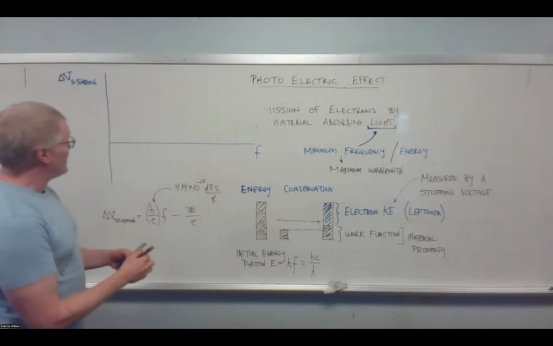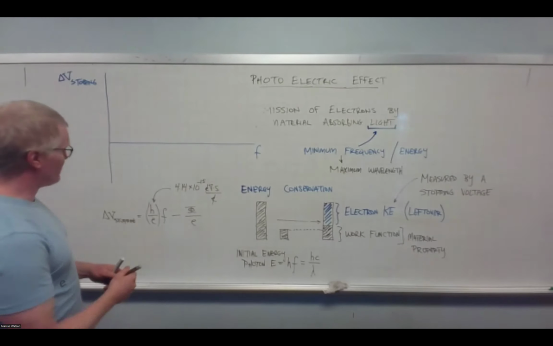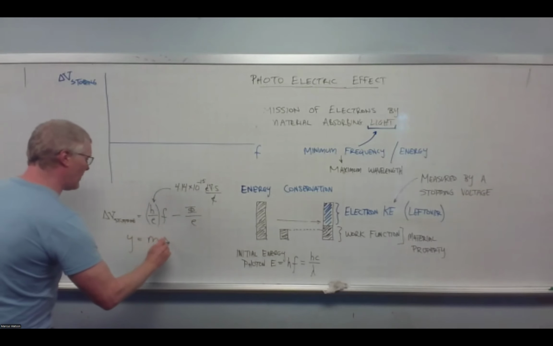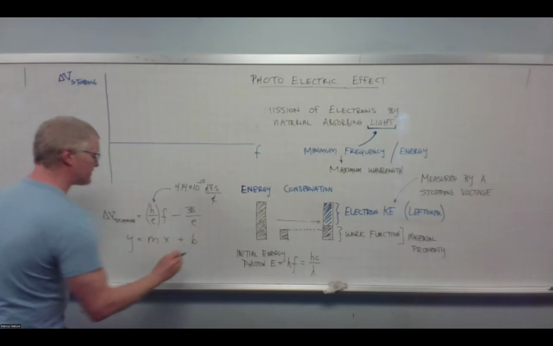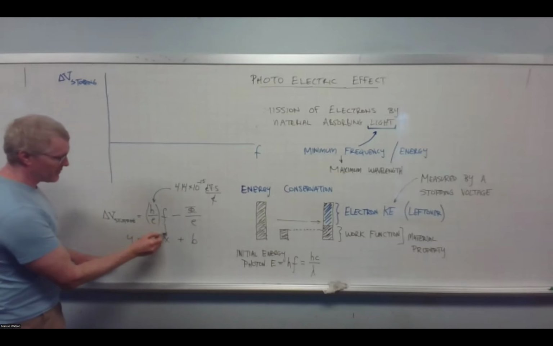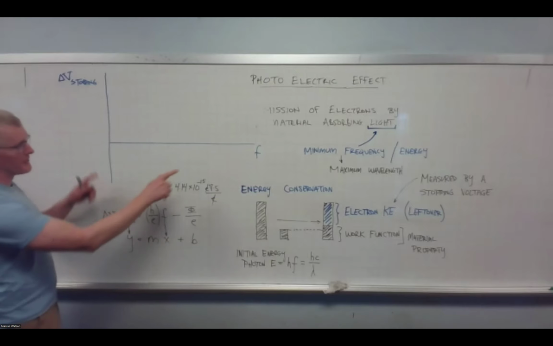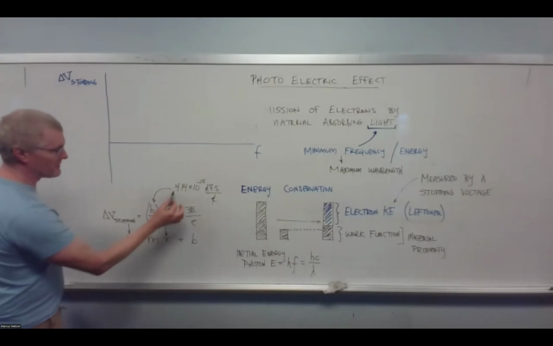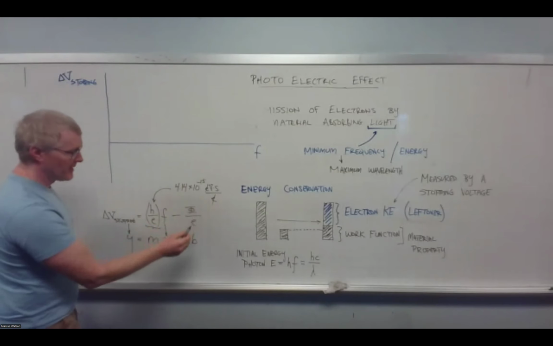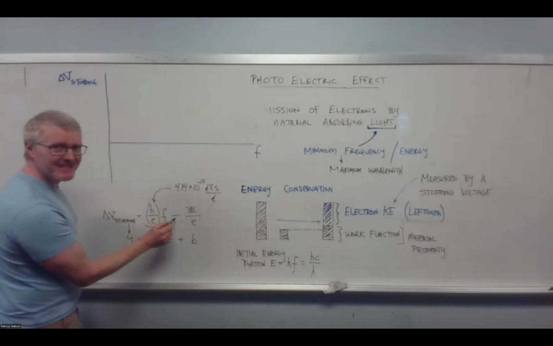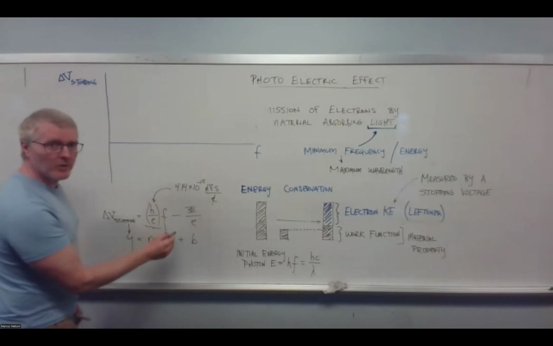Okay? If I put this into a graphical form, what you can imagine is that this looks somewhat like a y equals mx plus b. And therefore, if I consider x to be the frequency, y to be the stopping voltage, as I have done, then the slope of this should in fact be Planck's constant, and the y-intercept, notice it is a negative, will be the work function.